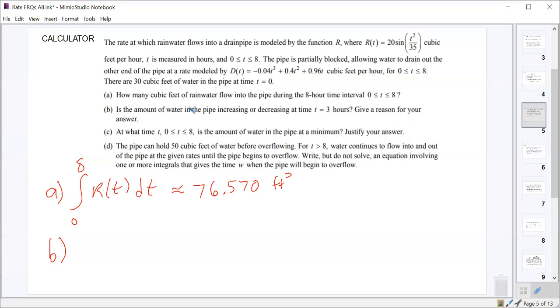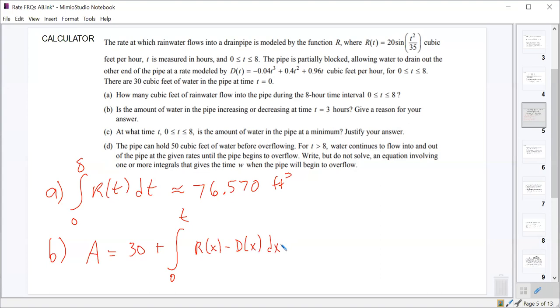Part B. We want to know, is the amount of water in the pipe increasing or decreasing at t equals 3? Well, is there a function for the amount of water in the pipe? Almost. 30, the initial amount, plus the integral from 0 to whatever t value we're interested in of r minus d.